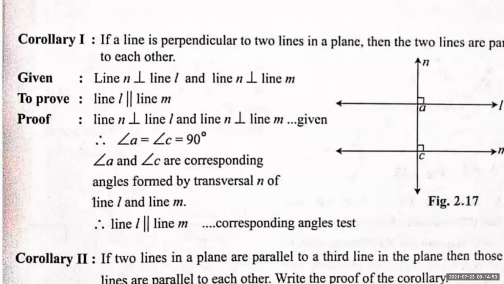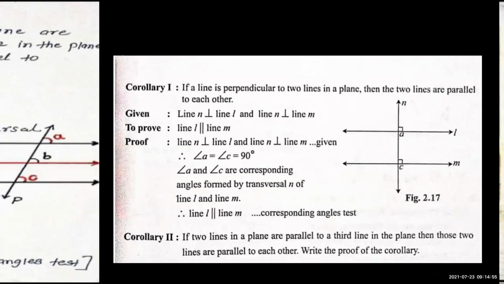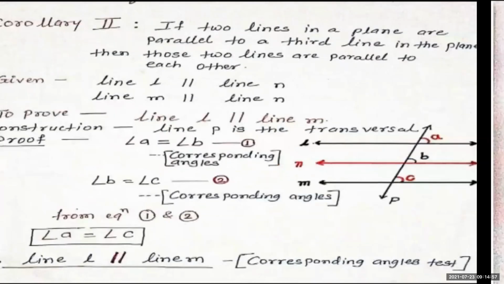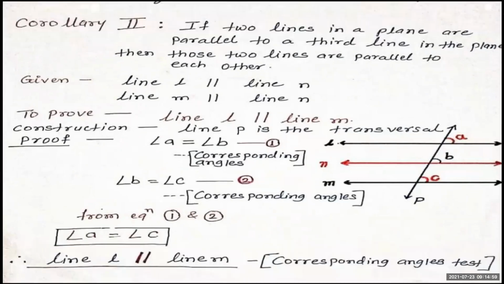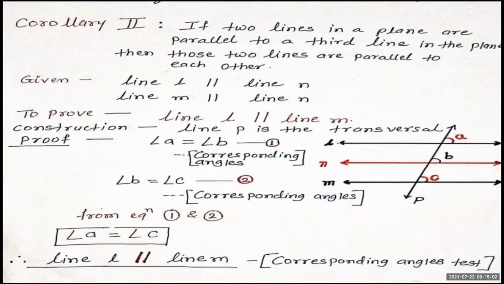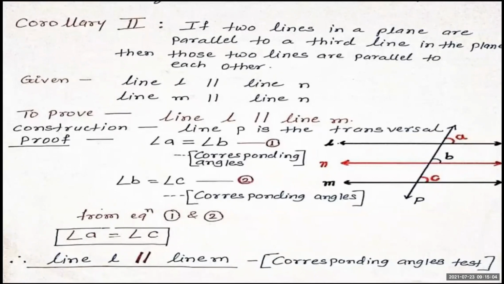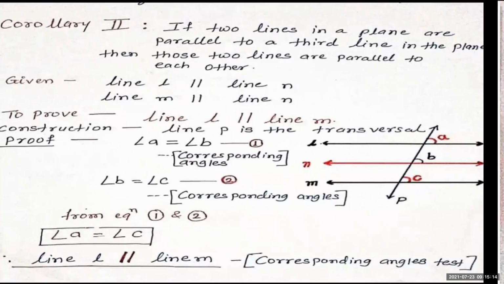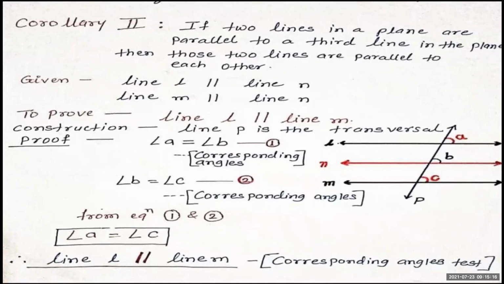Now the next corollary is given. Here you can see the next one: if two lines in a plane are parallel to the third line in the plane, then those two lines are parallel to each other.